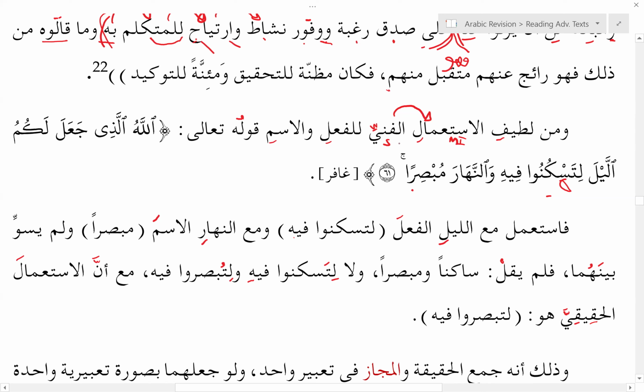So we can still see the jar majrur continuing. So it's from here to here, then it starts from here to here. الاستعمال الفني الاستعمال للفعل. So you have متعلق الاستعمال للفعل. Right, so this للفعل goes to the usage. Usage of what? Usage of the verb, right? That's what we're talking about.